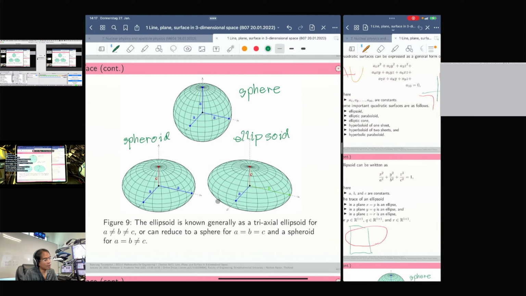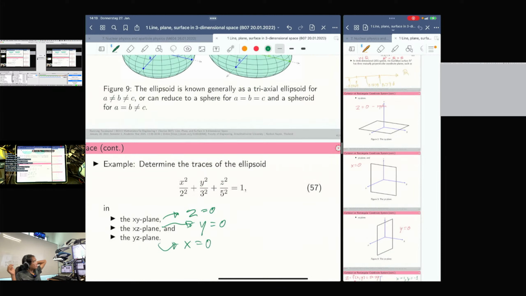XZ plane means y equal to 0. And the YZ plane, what does that mean? YZ plane means we have x equal to 0. Everyone understands that, right? It's not so difficult at all, right?